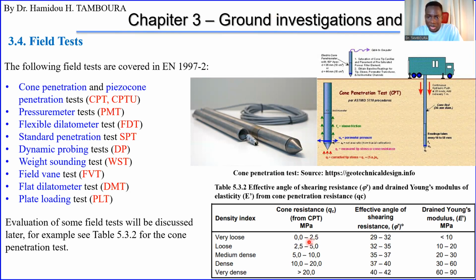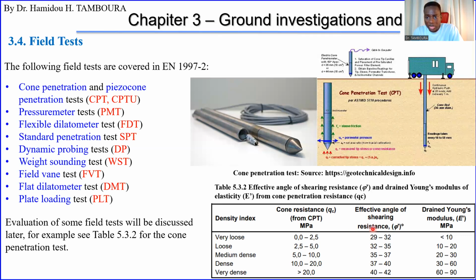Of course, the result of CPT will give you both the friction and qc. And in the case of CPTU, you will also get the pore water pressure, as you can see here.